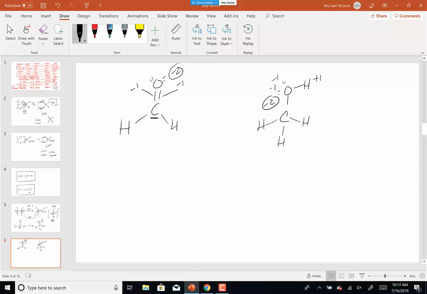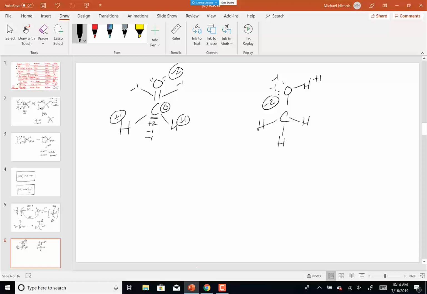It lost both of its electrons to oxygen, so that's going to give it a +2. Except now let's look at the CH bonds. Who's more electronegative, carbon or hydrogen? Carbon. And so now each one of those hydrogens is going to give up an electron to the carbon. So now it's +2 because it lost 2, but then it gained 2 from the hydrogens, so its net result is 0. And how about the hydrogens? The hydrogens are +1.